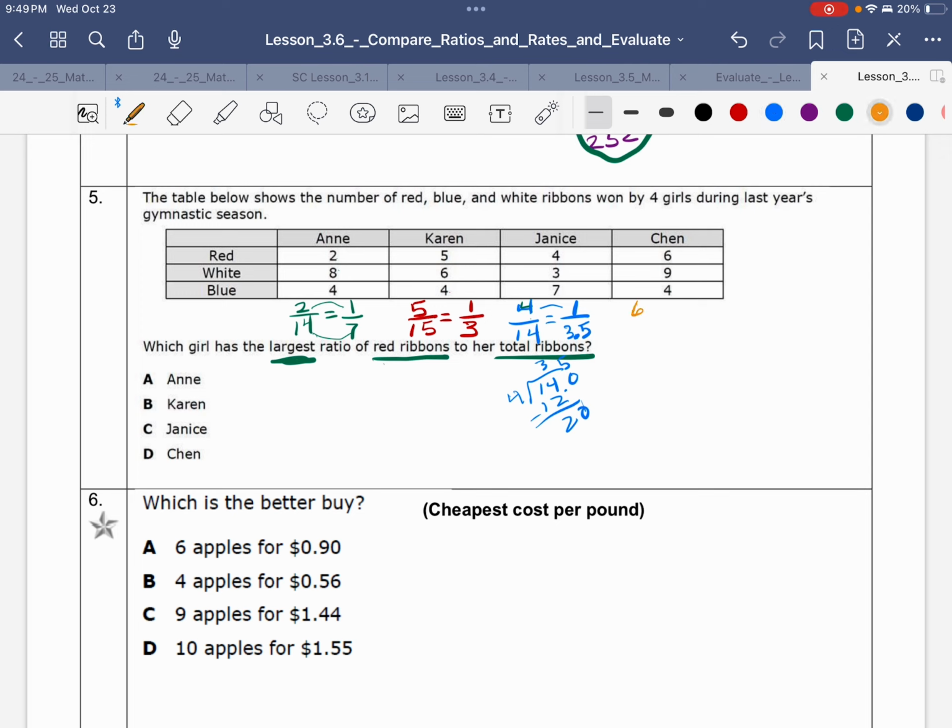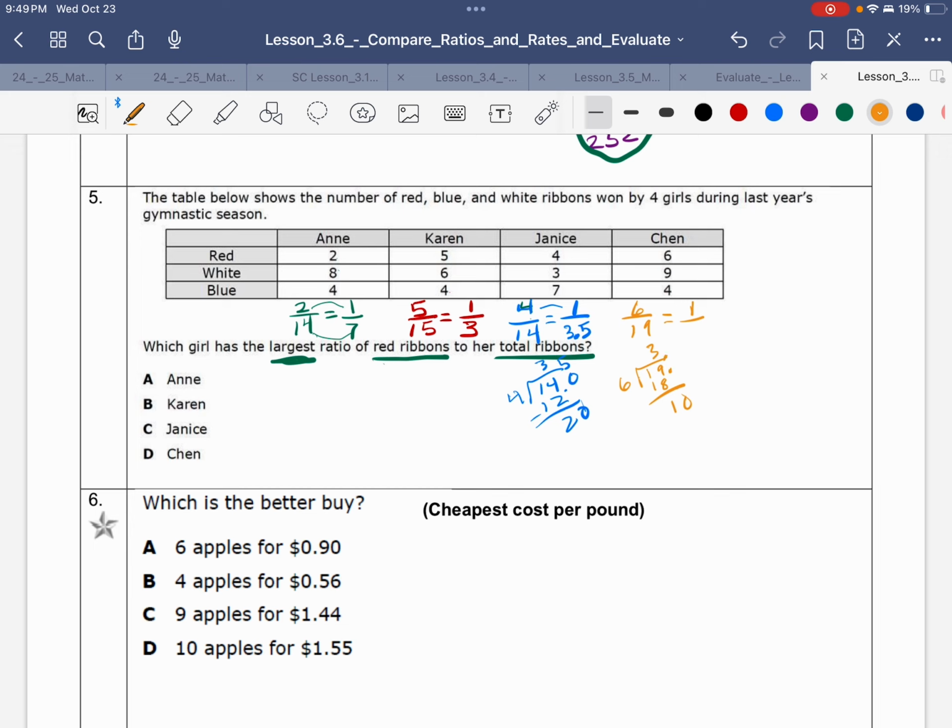And then last but not least, we got Karen. We got 6 red, and 19. Right? So to get this one to 1, you'd have to divide by 6. 19 divided by 6. 3. This is 18. 1, circle.